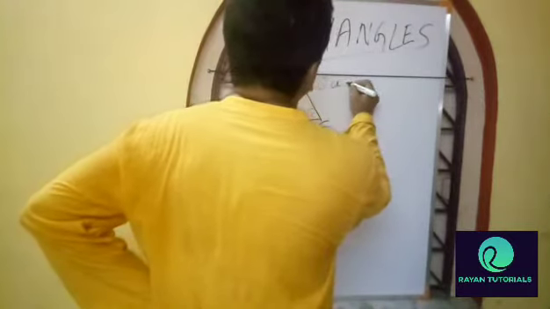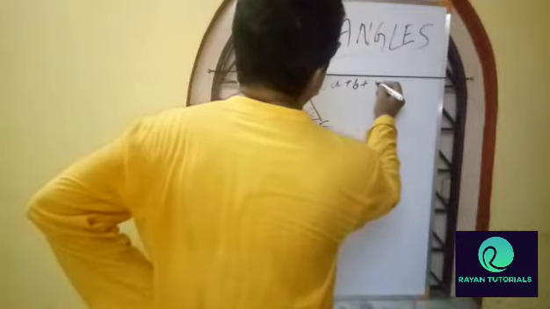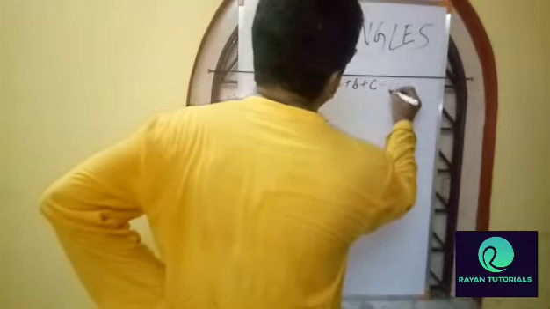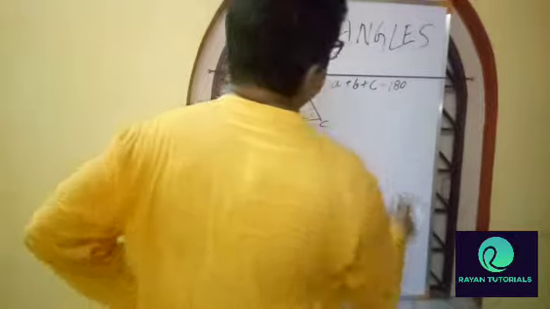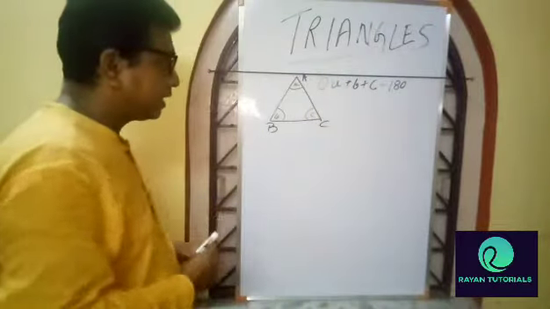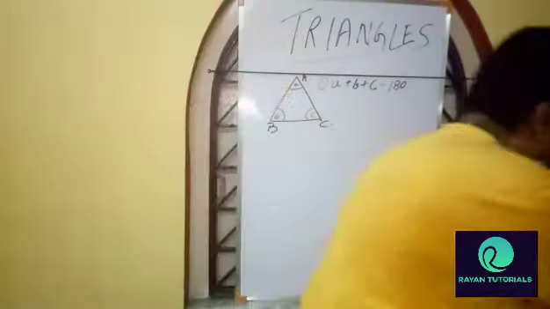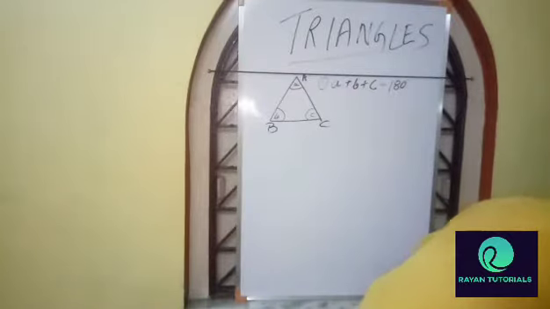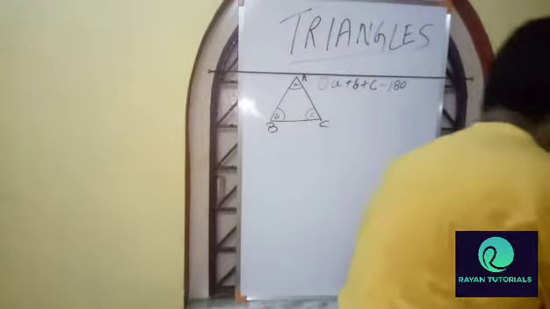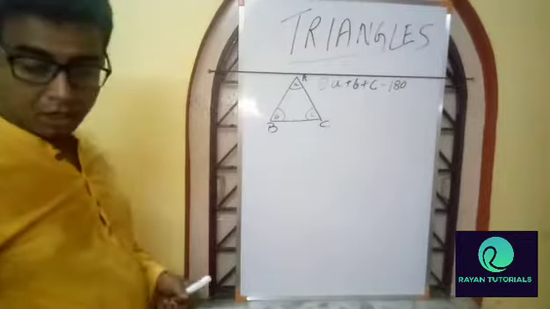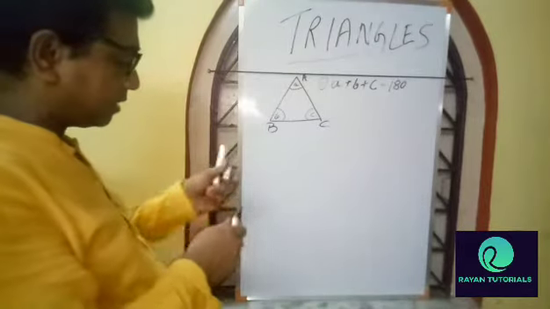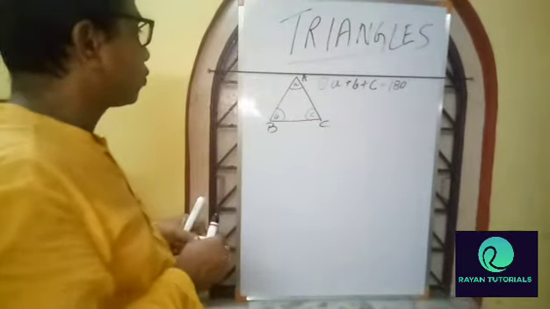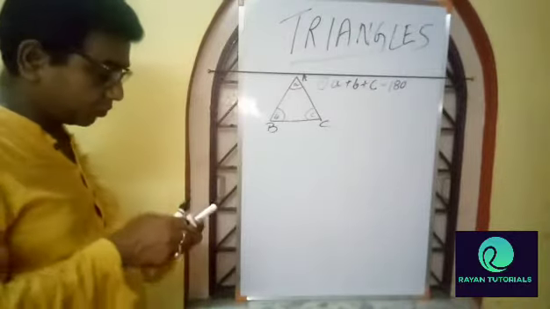So A plus B plus C is equal to 180 degree. Okay. So the sum of the angles is 180 degree.